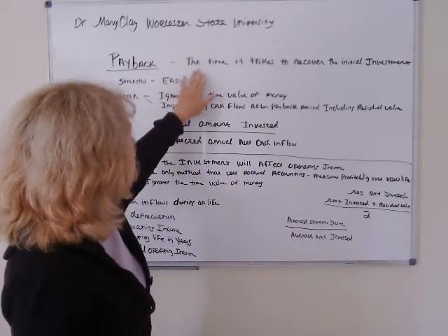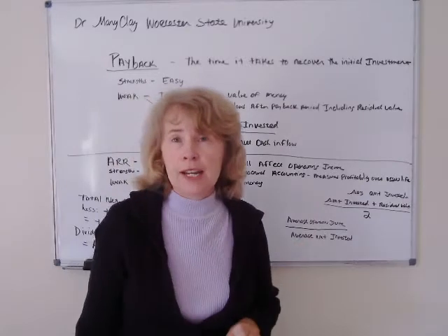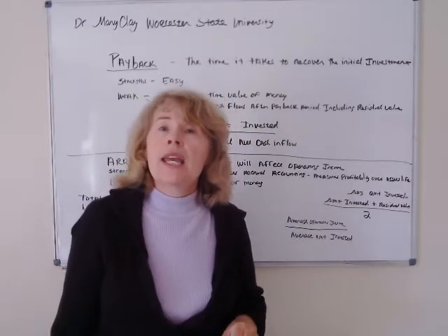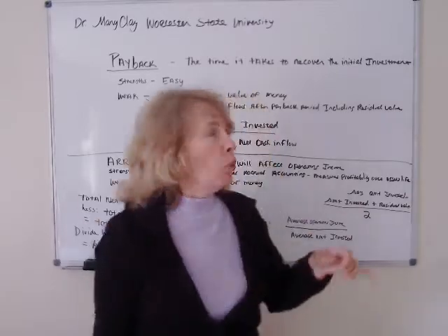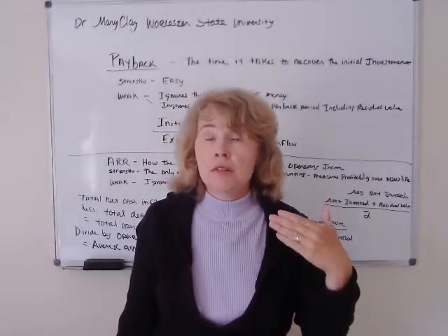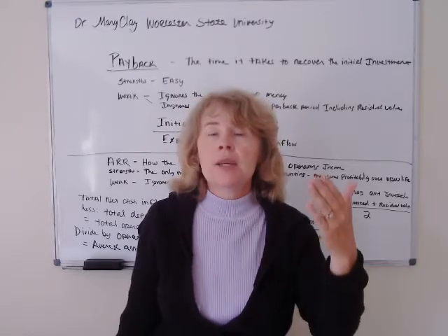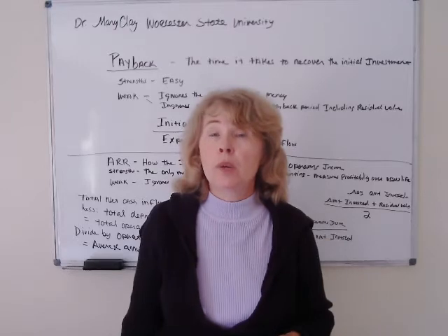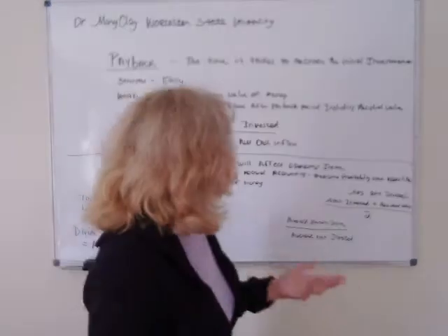It's going to tell us the time it takes to recover the initial investment. So, in order to say yes to this investment, we want the payback to be less than the number of years. For example, it's 8 years. It needs to be 8 years or less for us to say yes to this investment.